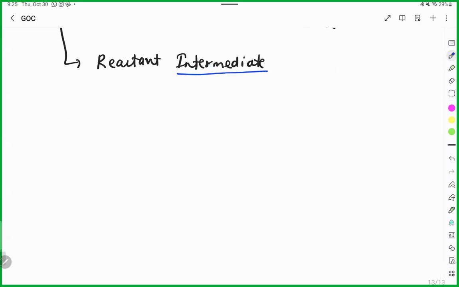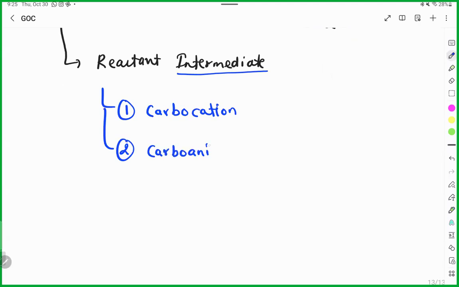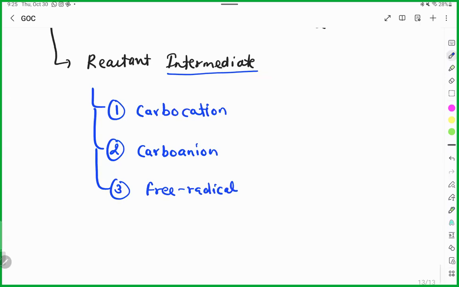Yes, a molecule that forms in the middle of the reaction, not present in the beginning as well as in the end. Example, first carbocation. Carbocation, carbanion, free radical, all these are intermediates, and that is what we have in our syllabus as well.